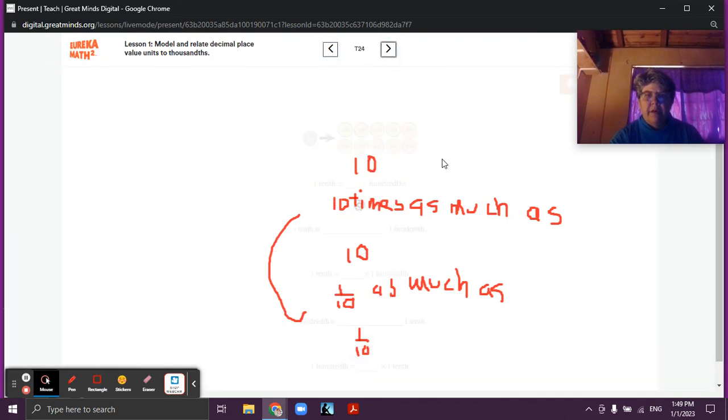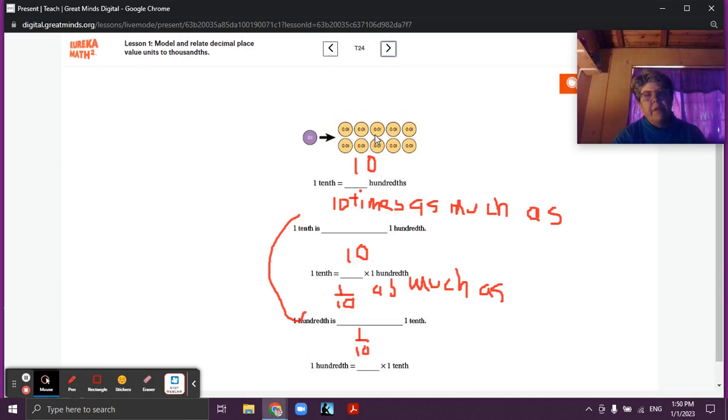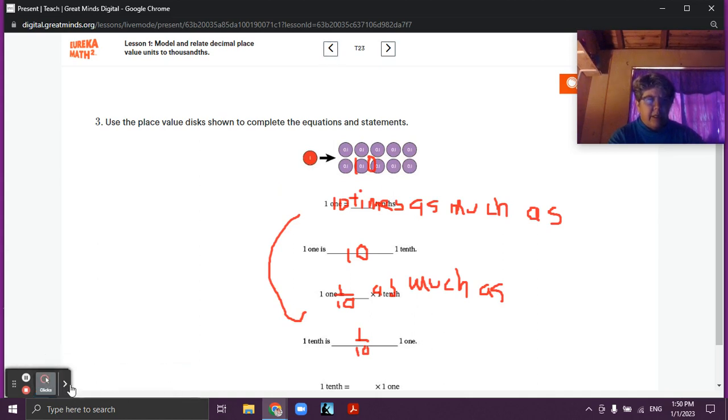So then when we're getting over to 1/10 is 10 hundredths. Do you see the pattern there? 1/10 is 10 hundredths. Okay, so think about the patterns as you're doing that. What I want you to do is I want you to continue working on that.